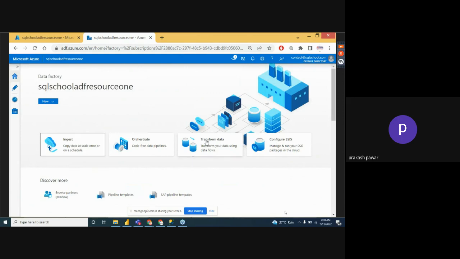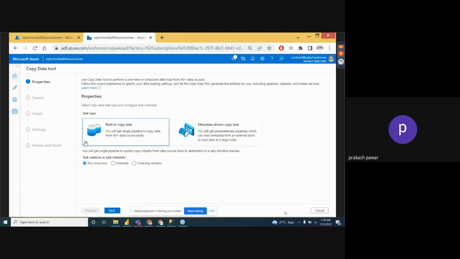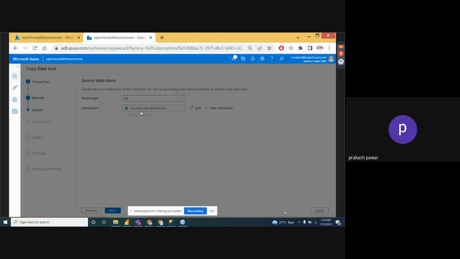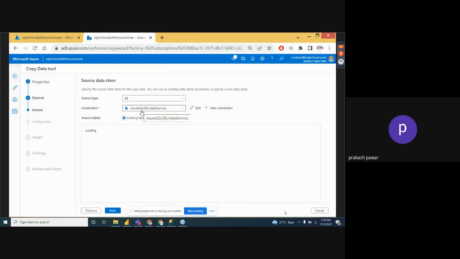For today, a basic example with Ingest. For now, it is run once. We created the linked service already, so we can use it. Are we getting the concept now, everyone?